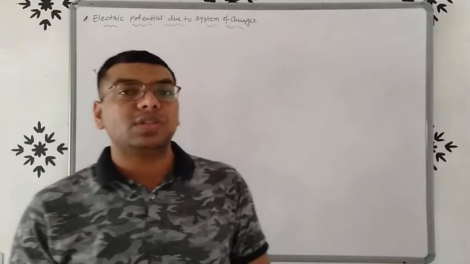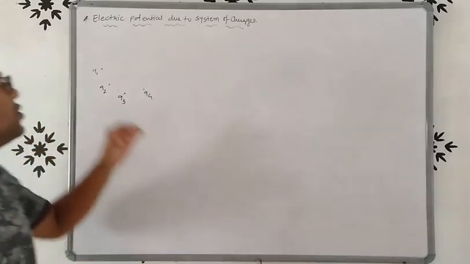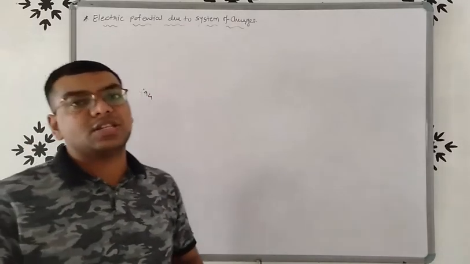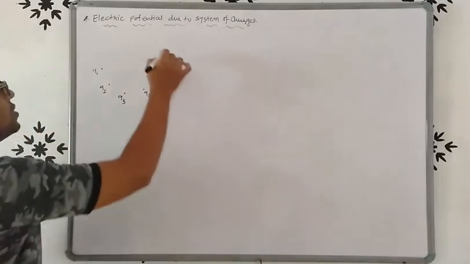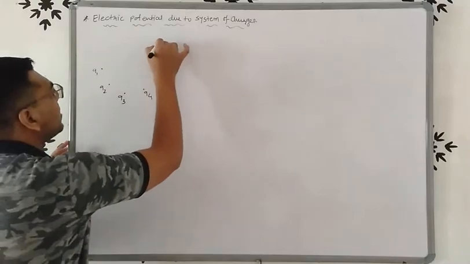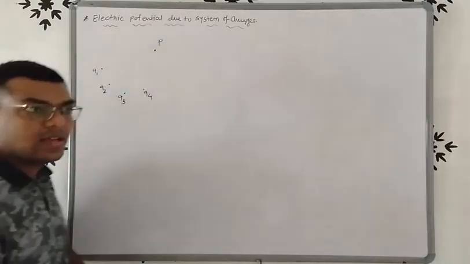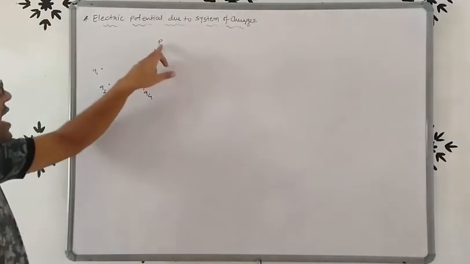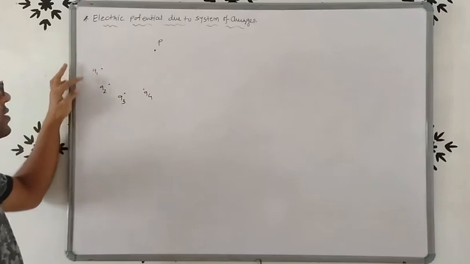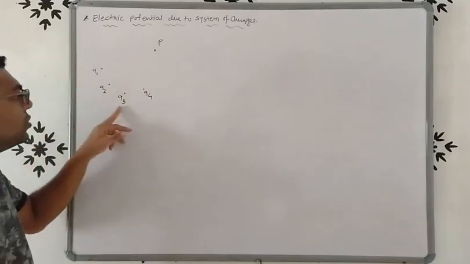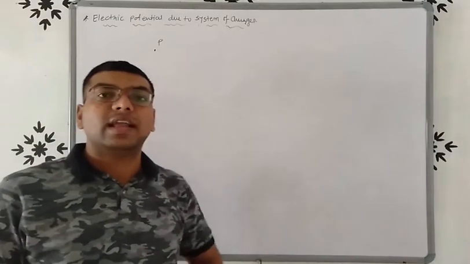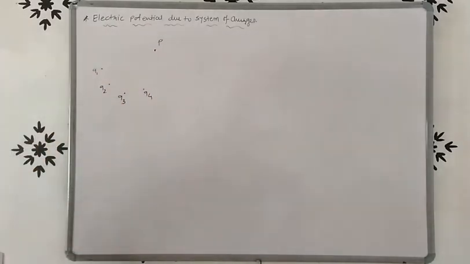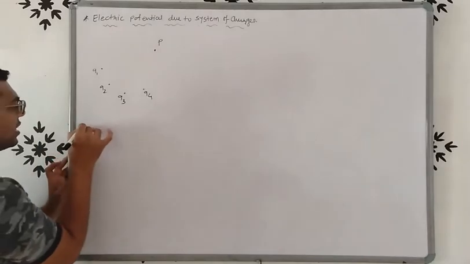We have to find the formula of electric potential due to the system of charges. Suppose we have to find the electric potential at this point P. The potential at point P is due to charges Q1, Q2, Q3 and Q4.